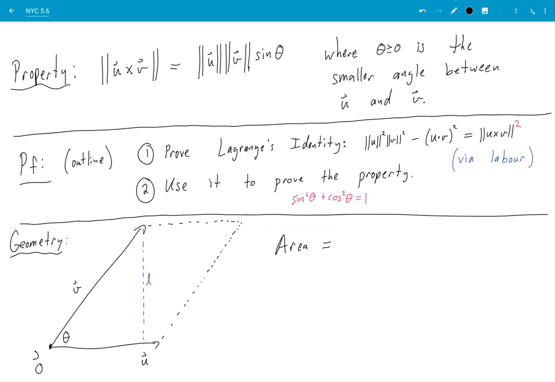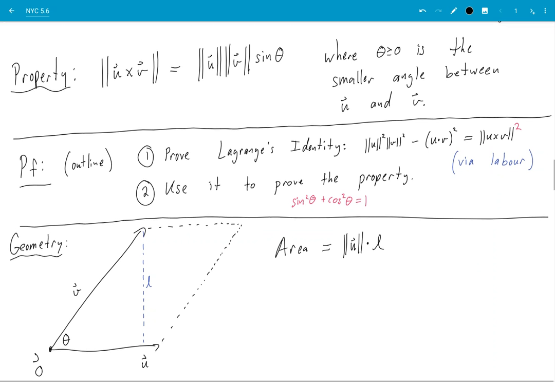Area is equal to base times height, length of U times L. These are both real numbers. Sorry, I use this dot for my multiplication in the reals as well. I hope it doesn't offend anyone.